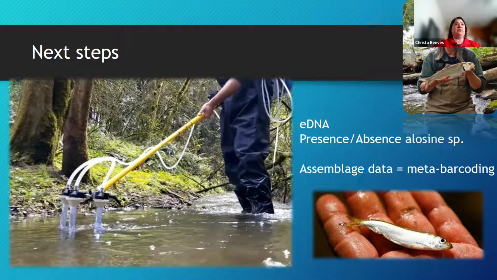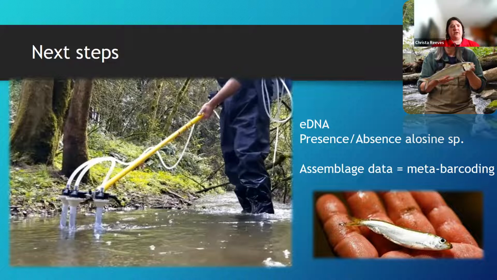And basically what you're going to be doing here, instead of this intensive netting and electroshocking and needing crews of like 8 people to get out there and catch these fish, you basically are just taking water samples from sections of the river, cross sections.